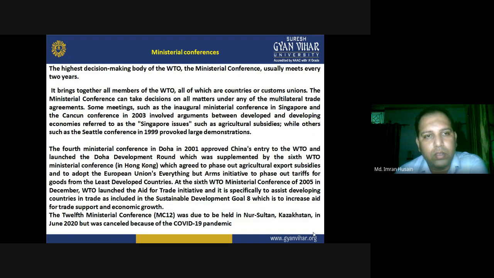Ministerial Conferences. The highest decision-making body of the WTO, the Ministerial Conference, usually meets every 2 years. It brings together all members of the WTO, all of which are countries or customs unions. The Ministerial Conference can take decisions on matters under any of the multilateral trade agreements.